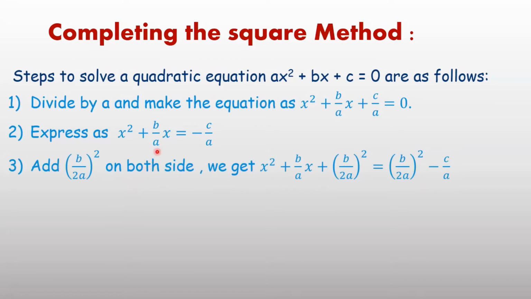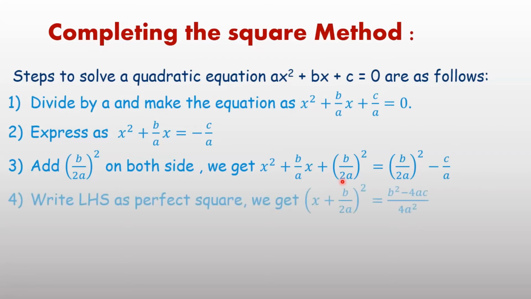Then third step, whatever the coefficient of x, written b upon a, divide by 2, means b upon 2a, and whole square. Add in both sides. B upon 2a whole square added in both the sides. Then the LHS, you can write a square plus 2ab plus b square, means a plus b whole square form is there, and the LHS you can write as x plus b upon 2a whole square.